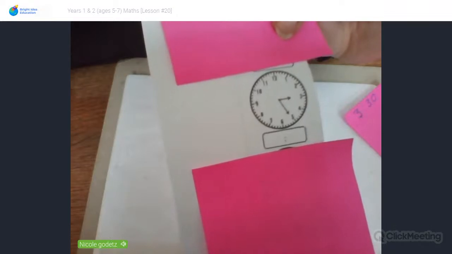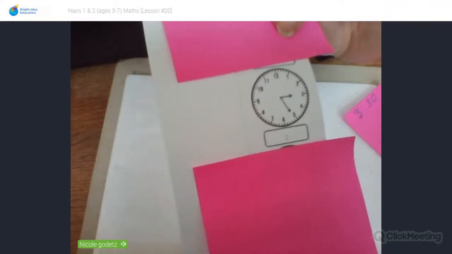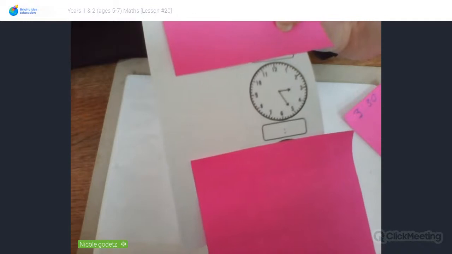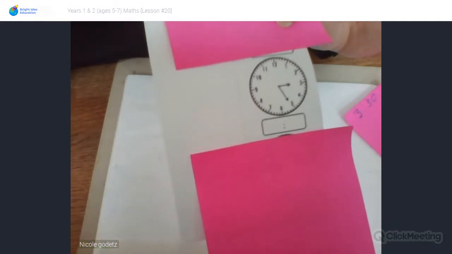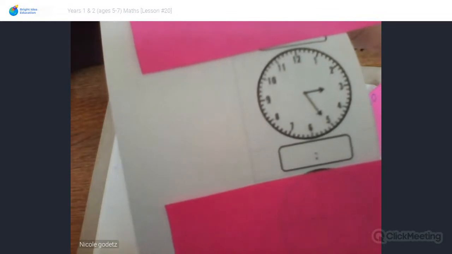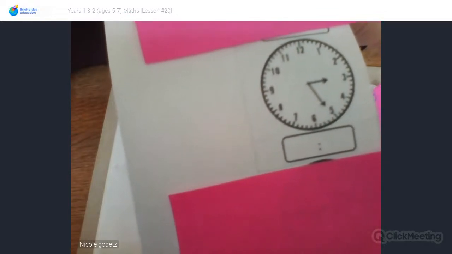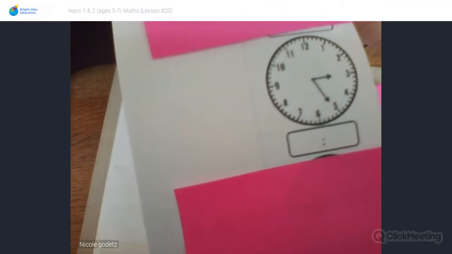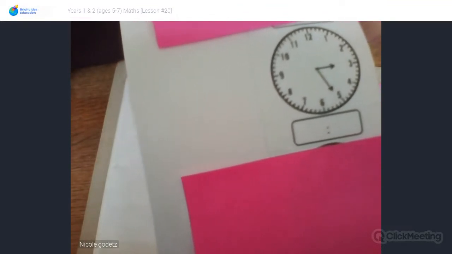Look at what hour the hour hand is pointing to. It's not got to 3 yet, so not 5:15. The hour hand is the short one, and that's just between the 2 and the 3. So you know it's 2 something because it hasn't gone to 3 yet.